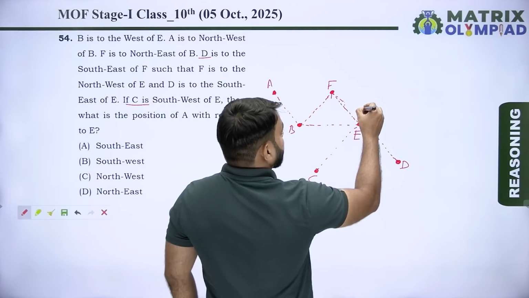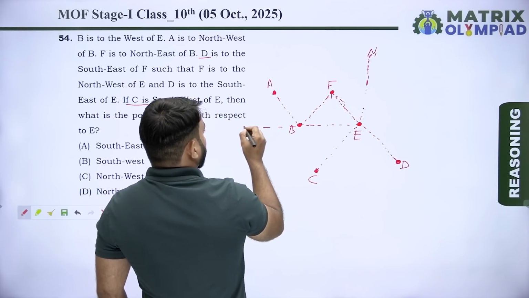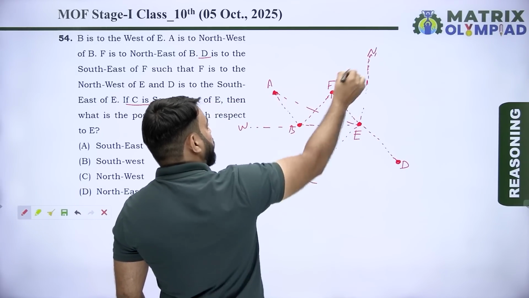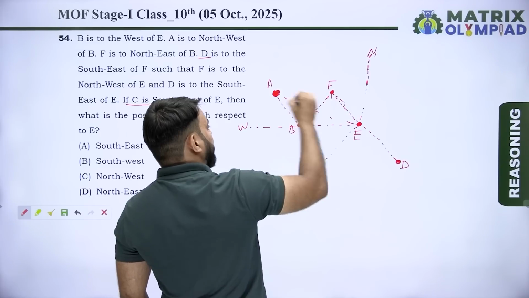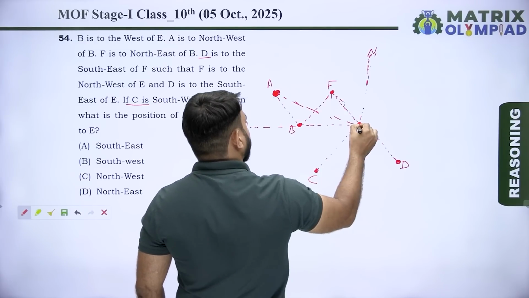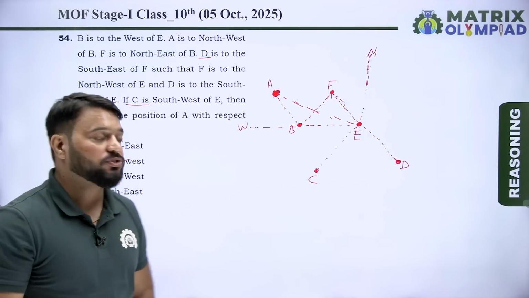This is the north of E and this is the west of E, and A is in the northwest of E. So here northwest, it means option C is the correct answer of this question.